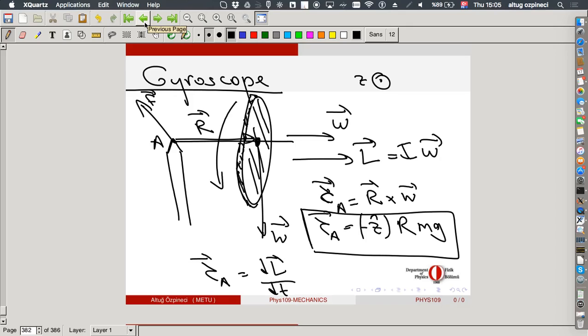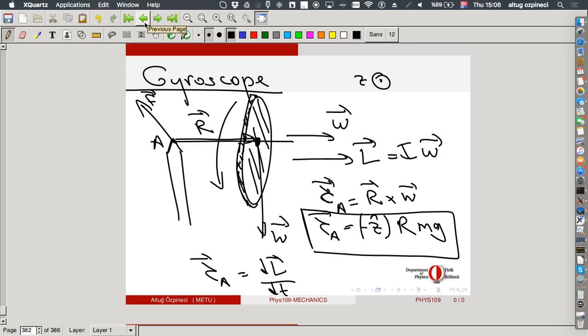If it is not spinning, and we want to have some angular momentum in that direction, how can we do that? Just rotate it like this. It will be falling down. It's just a falling motion.